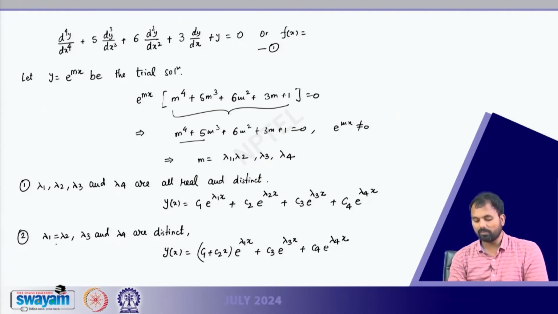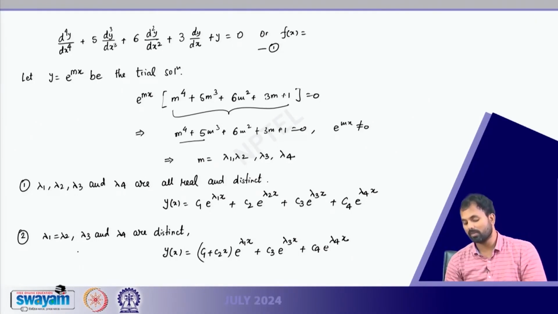If three of them are equal, then you will have (c1 + c2x + c3x²) e^(λx) + c4 e^(λ4x), and if all four of them are the same, then in that case we will have y(x) = (c1 + c2x + c3x² + c4x³) e^(λx), right.